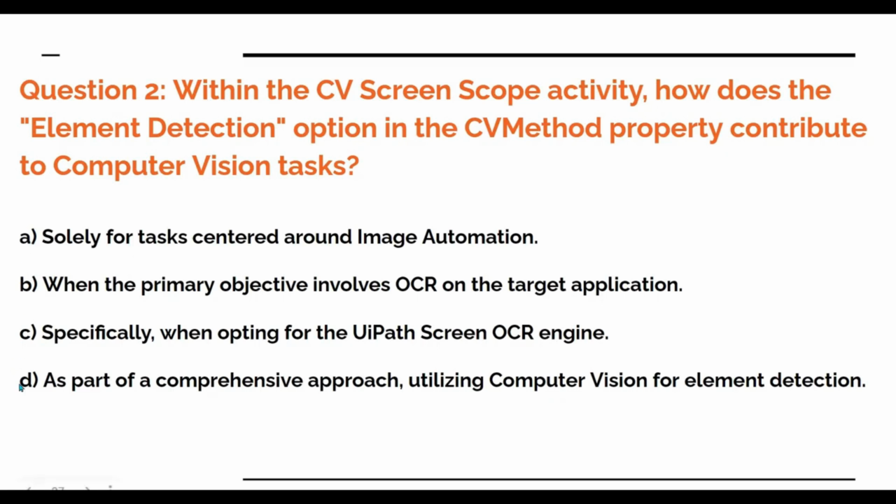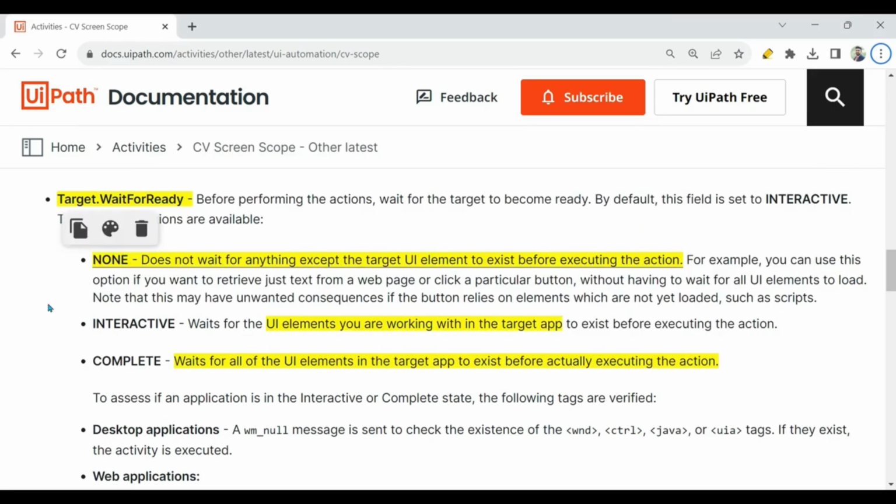Now let me read the options for you. For tasks centered around image automation; when the primary objective involves OCR on the target application, specifically when opting for the UiPath screen OCR engine; or as part of a comprehensive approach utilizing computer vision for element detection. So what is this element detection? I think the answer is there in the word itself. Now let me show you the documentation before you answer.